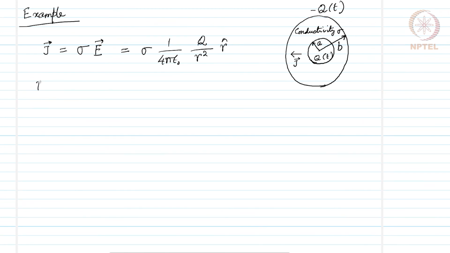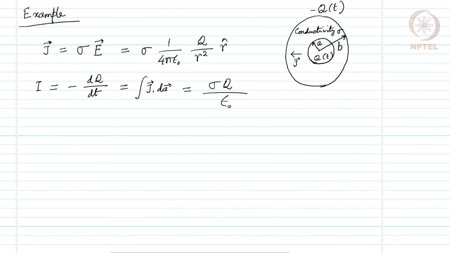So, we can write I, the total current, equals minus dQ dt, which is the integral of J dot dA, and that becomes sigma Q over epsilon naught.